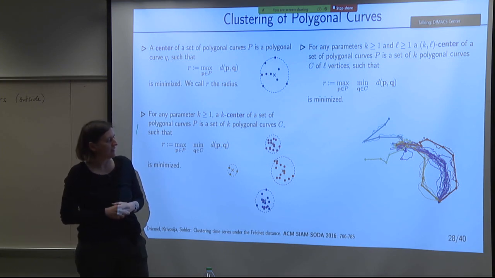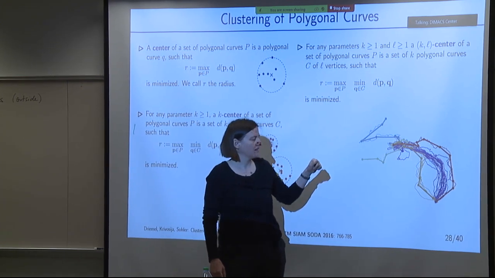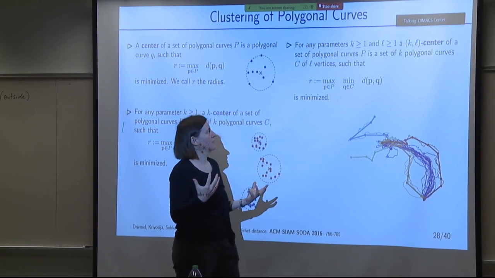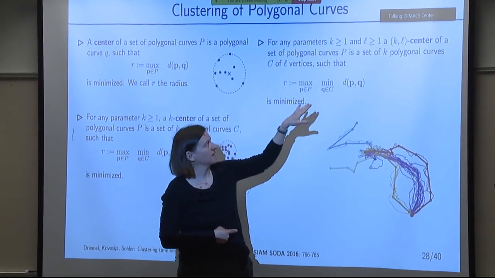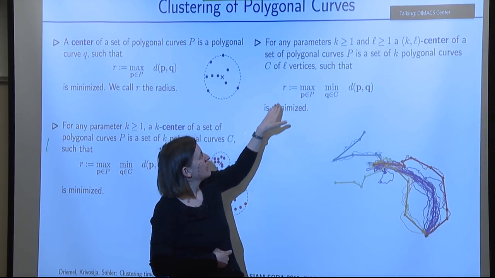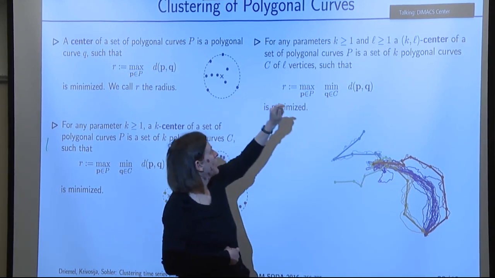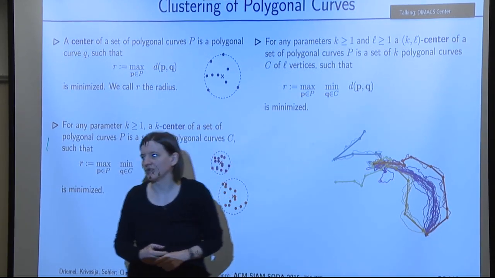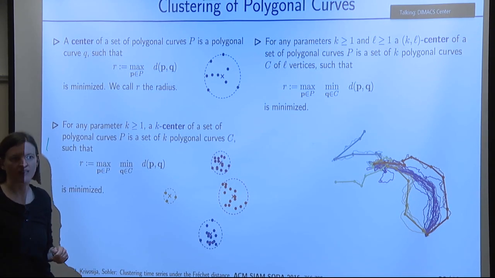And if I don't constrain the complexity of these centers, then my centers may get very complicated. So what we look at in the first part of this talk is the KL center problem, where these K polygonal curves, these centers that I'm looking for, should have at most L vertices. I have two parameters, one for the number of balls and one for the complexity of the centers.